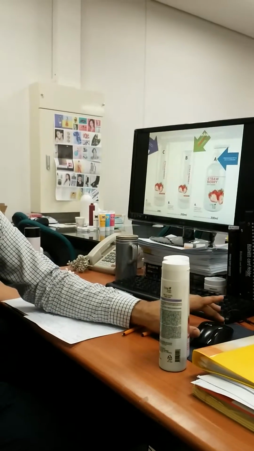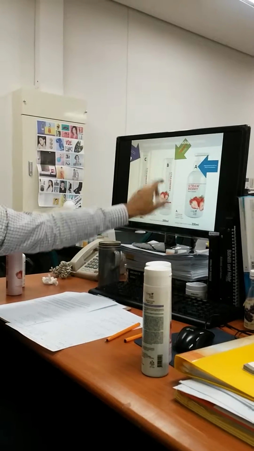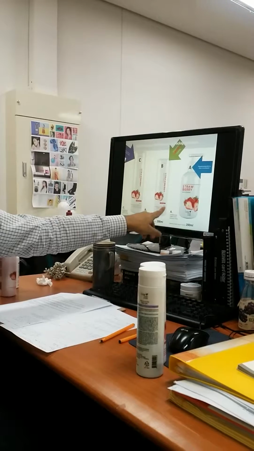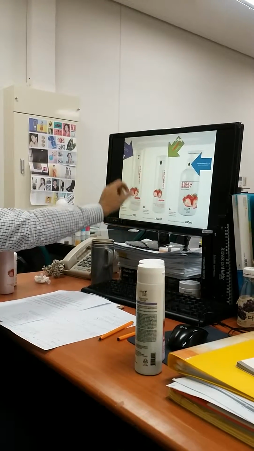Otherwise, if you still stick with the 200 milliliter, then option B is the solution. We cannot put 200 milliliter in a bigger container. This is the thing we could do from our side. Please let us know your opinion.